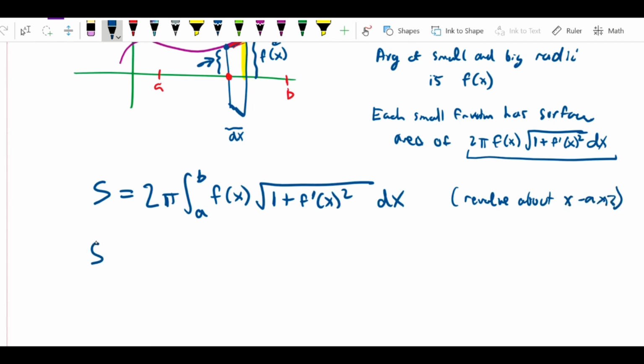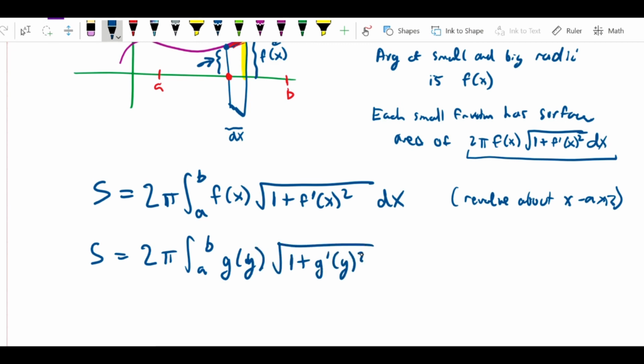And if we want to revolve about the y-axis, we would do this in the y direction. And that would come out to g of y square root of 1 plus g prime of y squared dy. This is revolve about the y-axis.